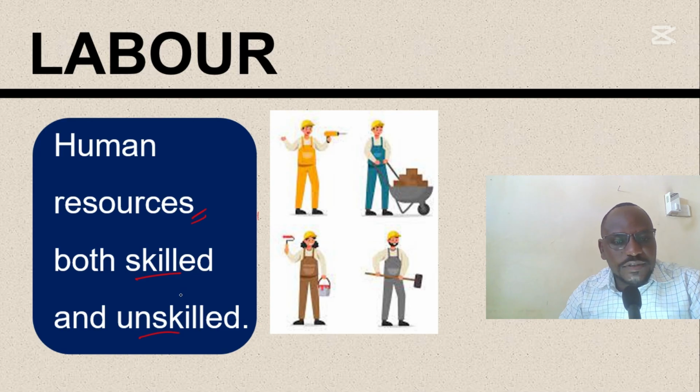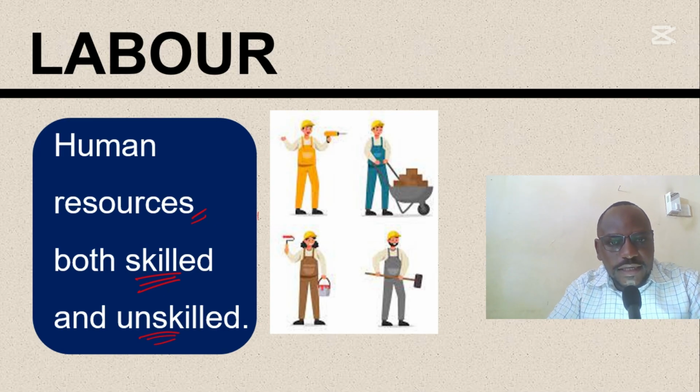Mostly we have skilled labor being more expensive. This is where we come to management, accountancy, such skills like consultancy, they go to the skilled labor. Unskilled labor, we can have now the people doing the manual jobs. So human resource is the factor of production labor, and it is a very key and basic factor of production in any production process.